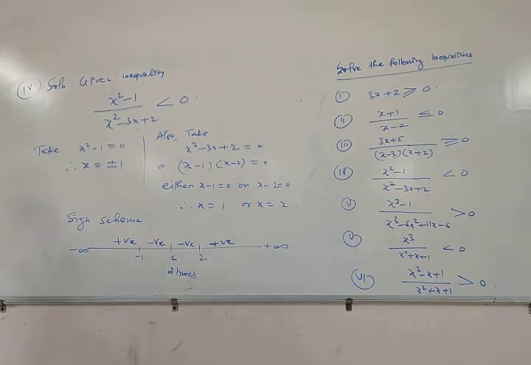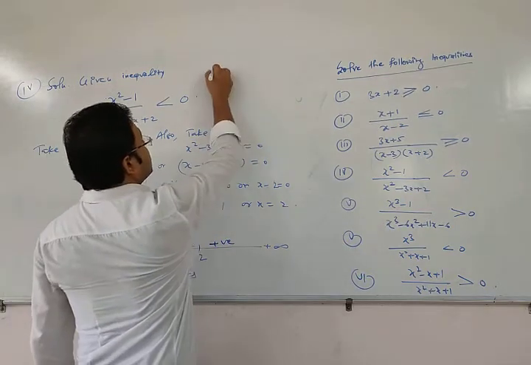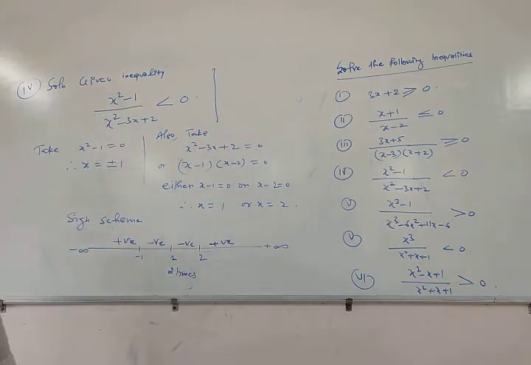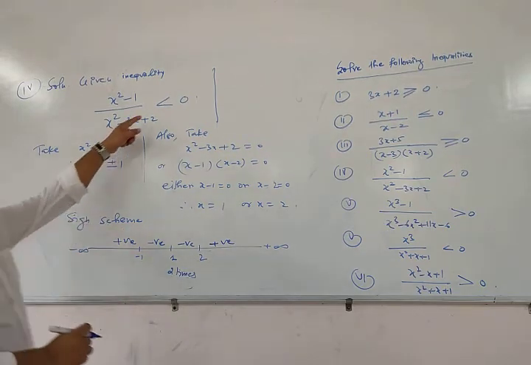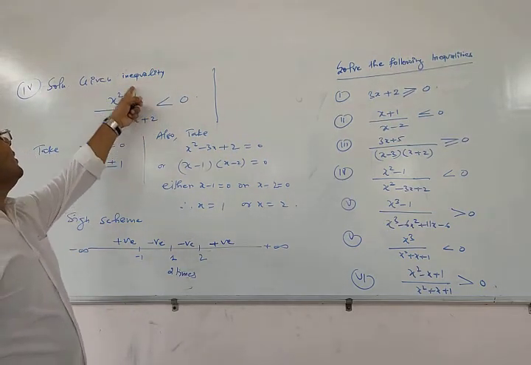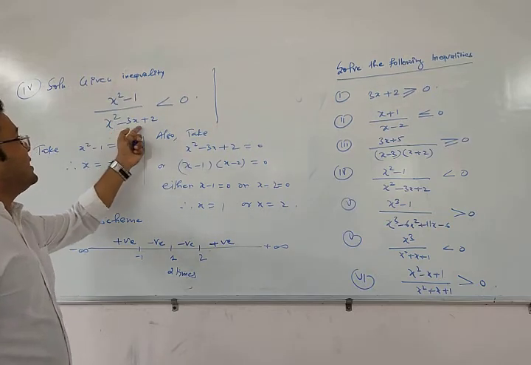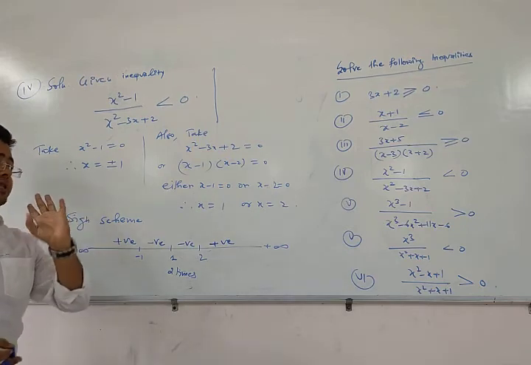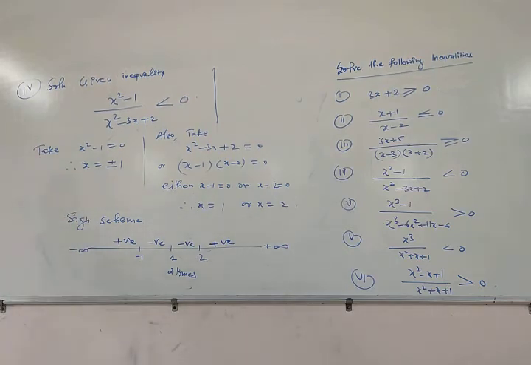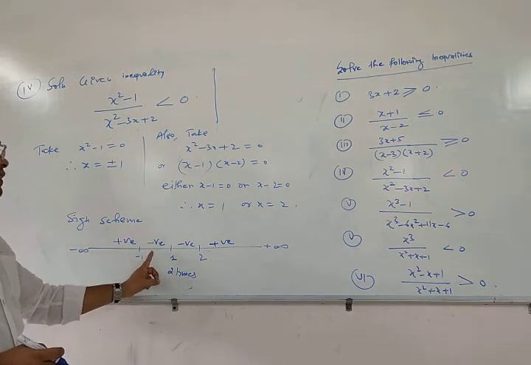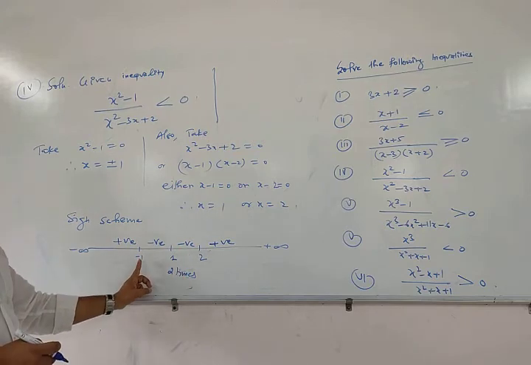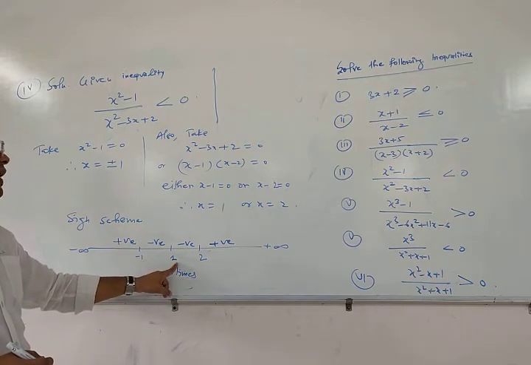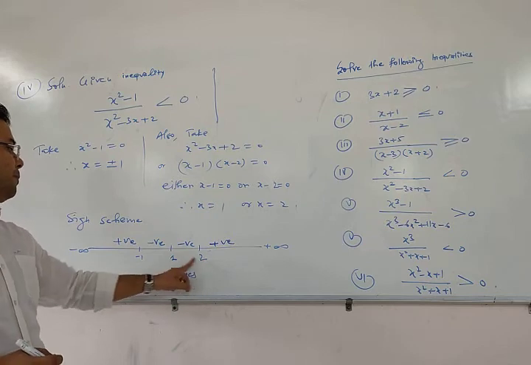But now we have to write its solutions. So hello students, you can see what the inequality is. This expression less than 0 means we have to take negative sign, and you can see that negative sign is present in both of the intervals, in minus 1 to plus 1 as well as 1 to 2.